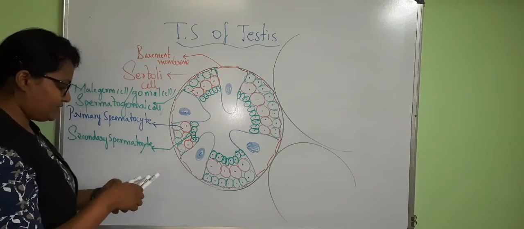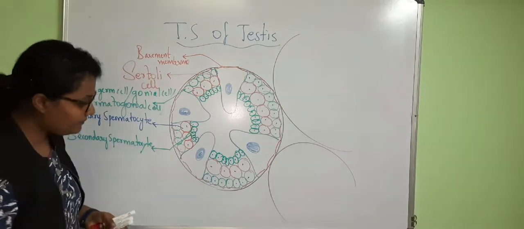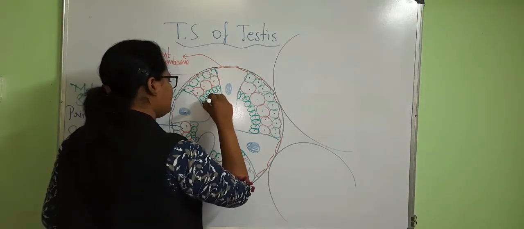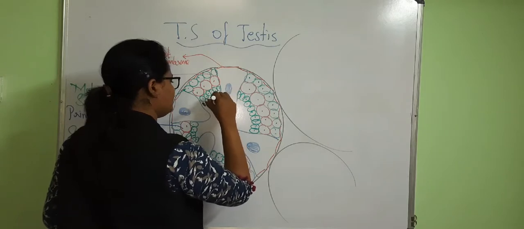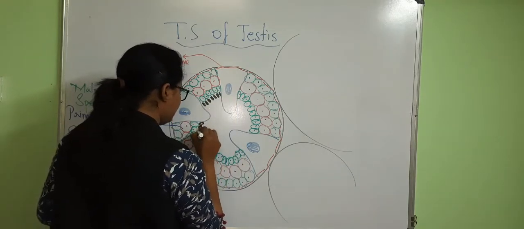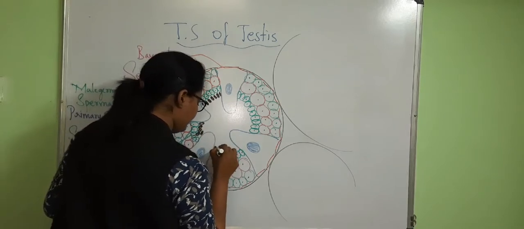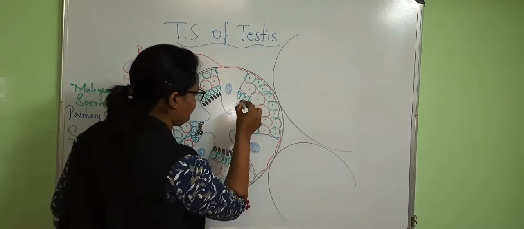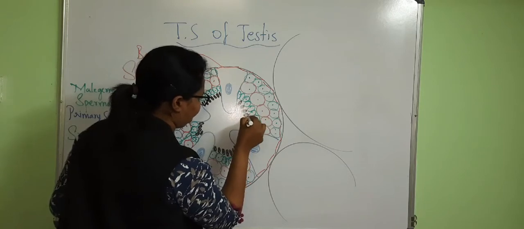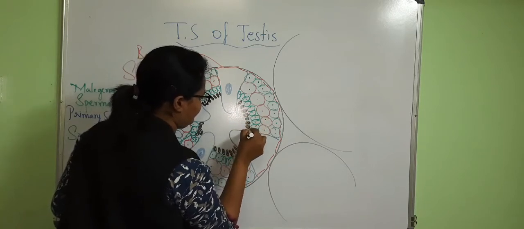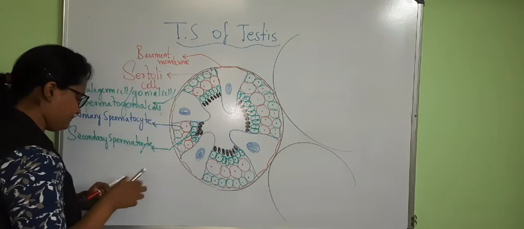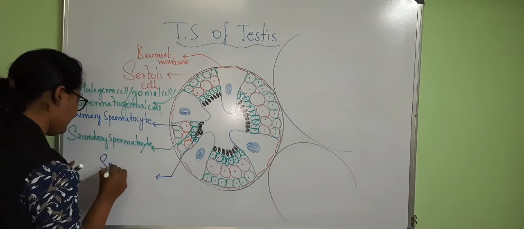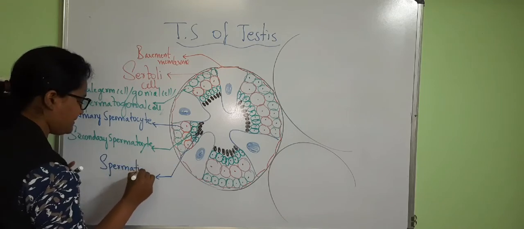Now the secondary spermatocyte undergoes second meiotic division and they form cells called spermatids.